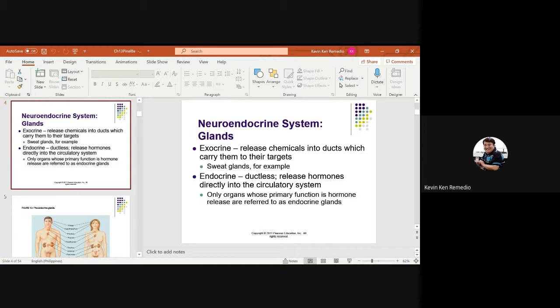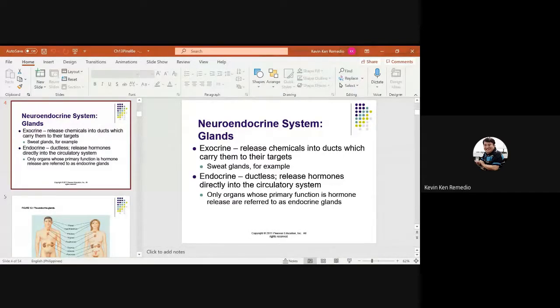In the neuroendocrine system, this is where our glands are located, the ones that release hormones. These glands are divided into two. Number one, exocrine glands. These glands contain ducts, which carry the hormones or chemicals from the gland to the target organ.